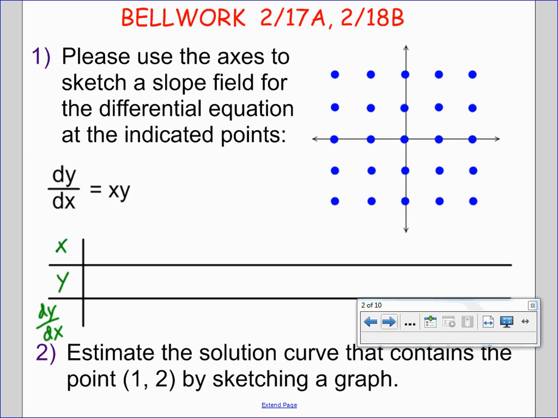Anytime x is 0, what will be true about my slope value? Well, anytime x is 0, regardless of what constant my y value coordinate is, the result's always going to be 0 for our slope. So I can fill in all of the horizontal tangents whenever the x coordinate is 0. So when is the x coordinate 0? Well, all along the y-axis. So we could fill in all those in one fell swoop.